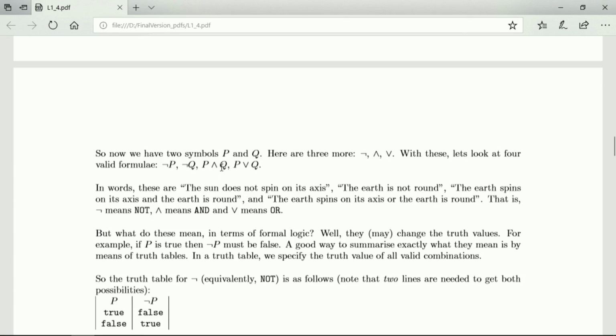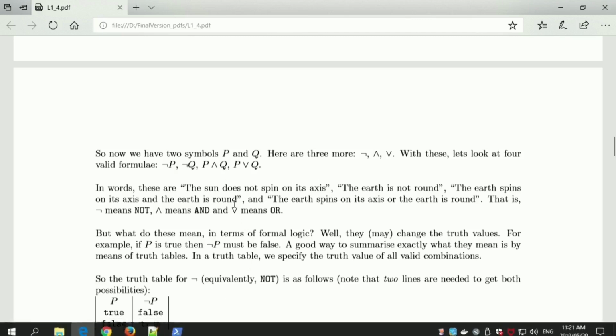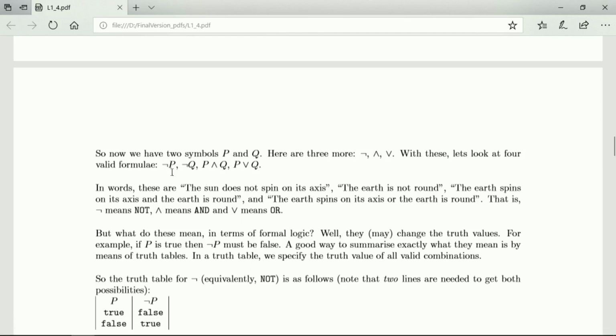So I'm going to give this explanation in terms of the meanings of these four expressions, but more usually in formal logic, we first go on to the truth tables, and then we use the truth tables to infer what hook P, hook Q, and so on mean.